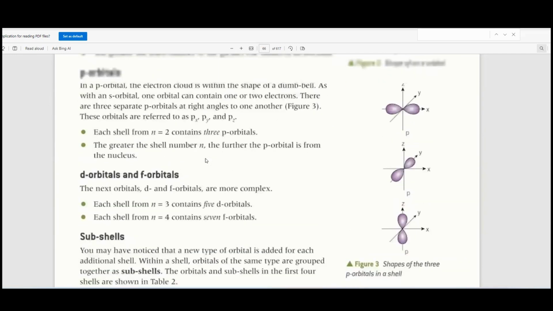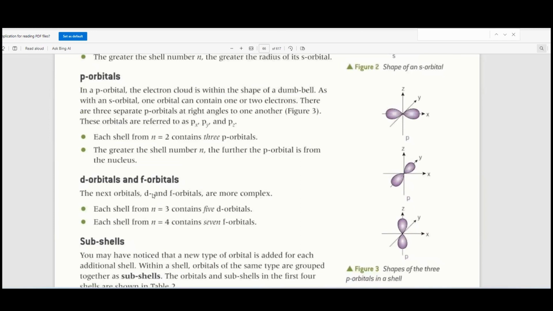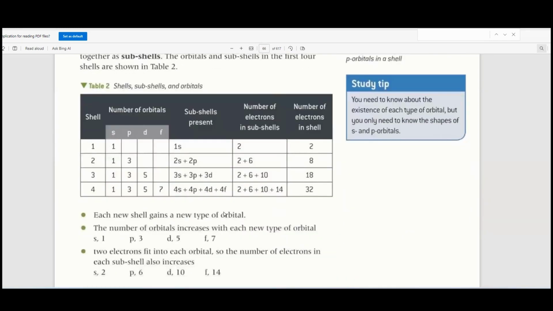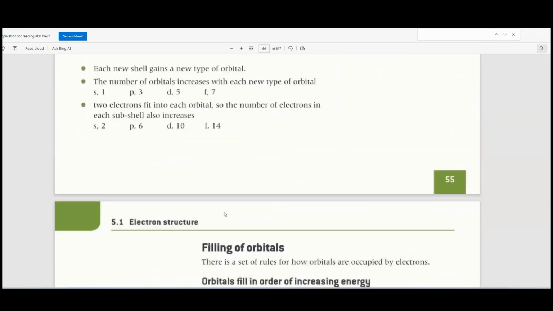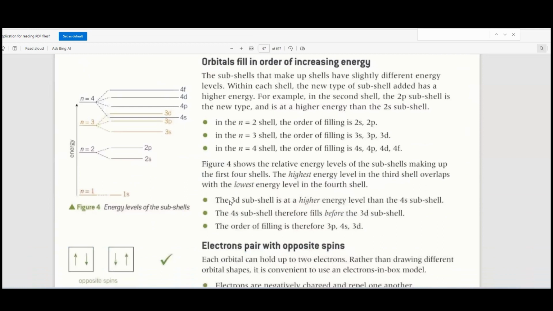The next subshell, F, has 7. So a total of 10 electrons can be in the D subshell and a total of 14 electrons can be in the F subshell. And each orbital can only have two electrons. The maximum number is two.